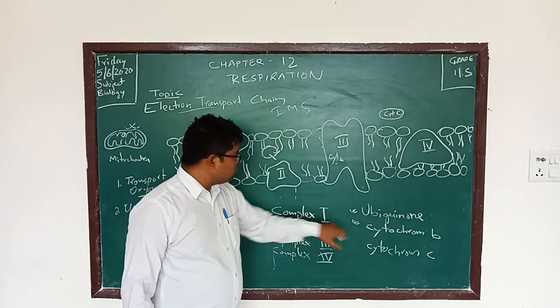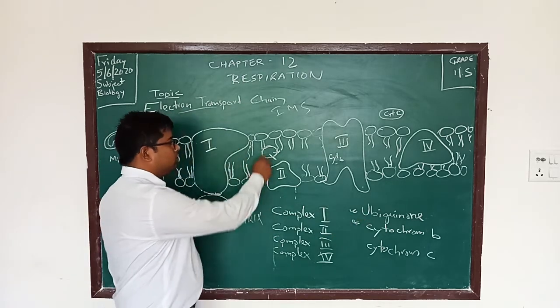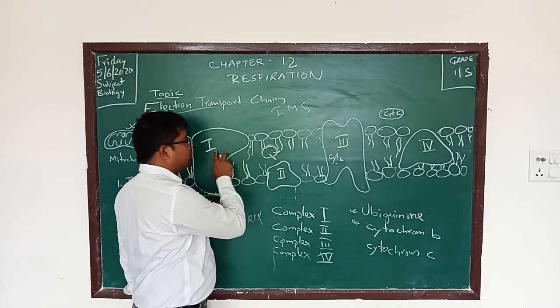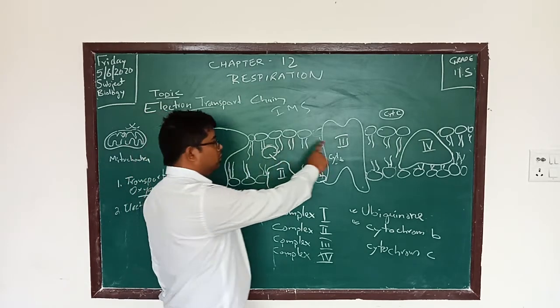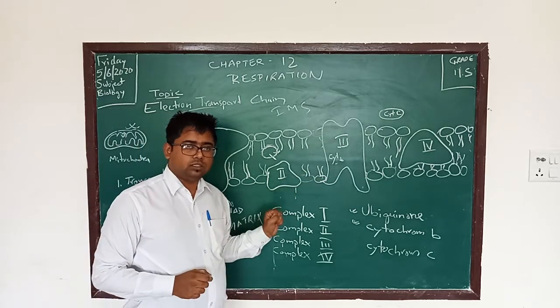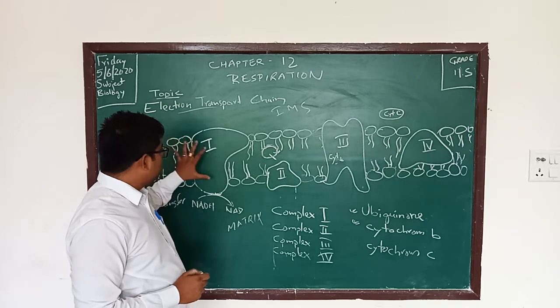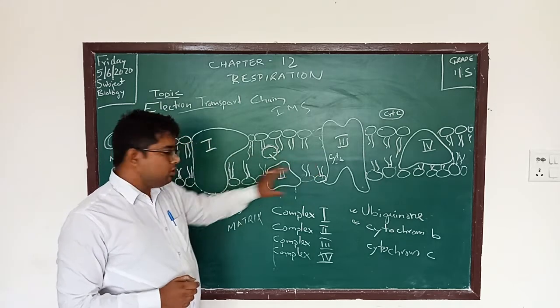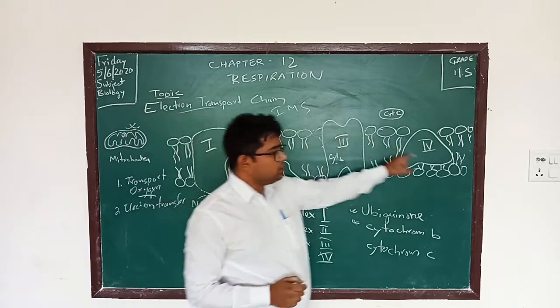Now, talking about the ubiquinol, this is a special molecule which goes to and from complex 1 to complex 3. Let us see how it works. So far, we have understood that this setup is required to take an electron from this end to the other end.